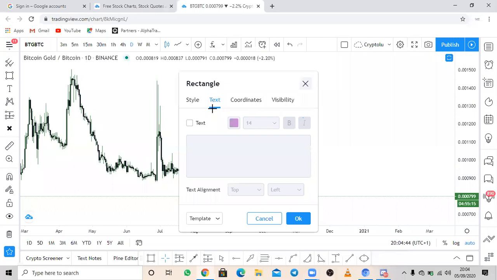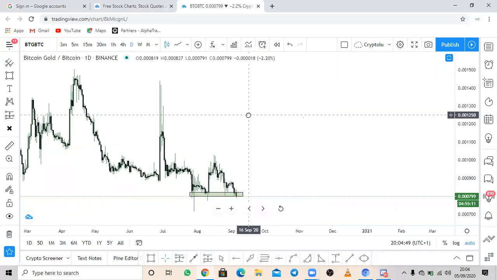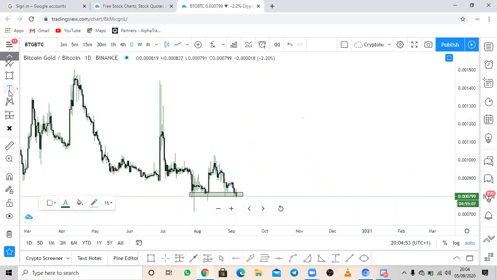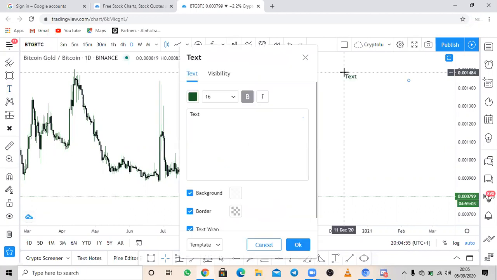Okay, so now we have one confluence level, that is, we have one trade reason now that price is on a support level.